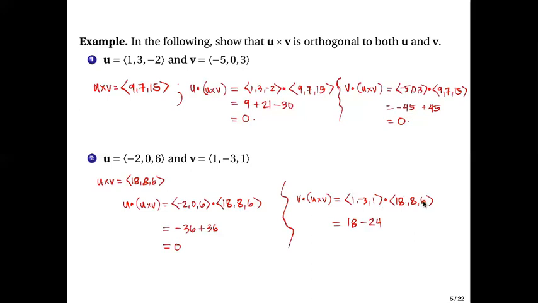And then 1 times 6, that's 6. 18 plus 6 is 24, so minus 24, that's equal to 0. So we have verified the property in this set of vectors. Basically, one implication is that we did the cross product correctly.